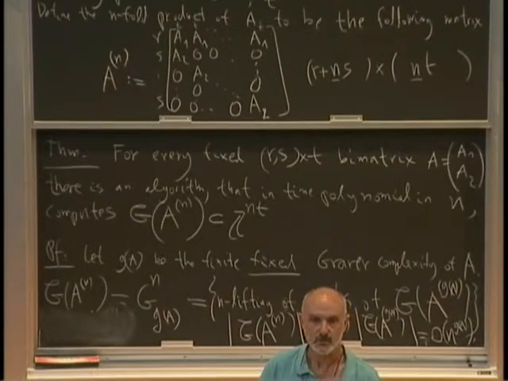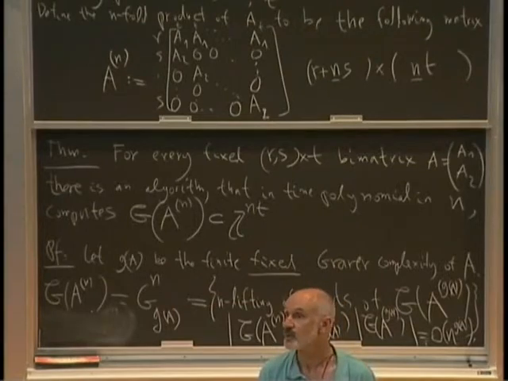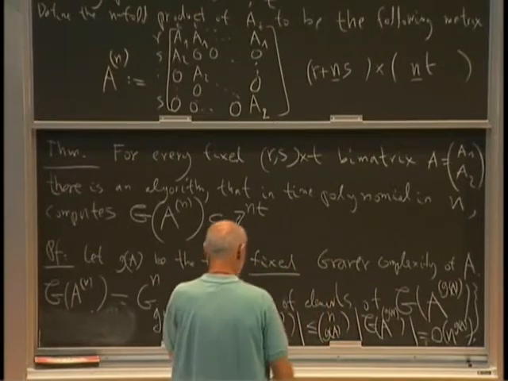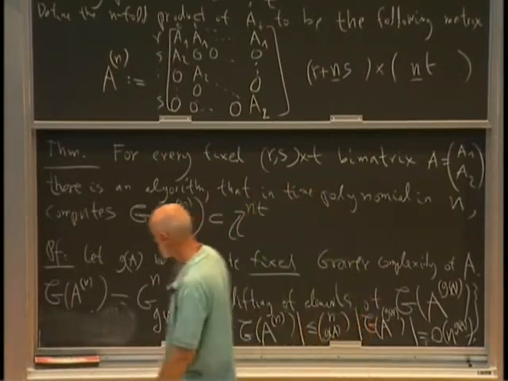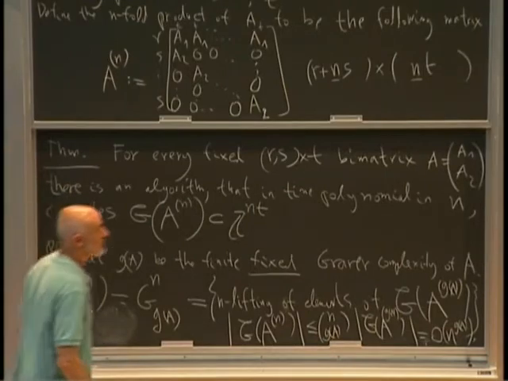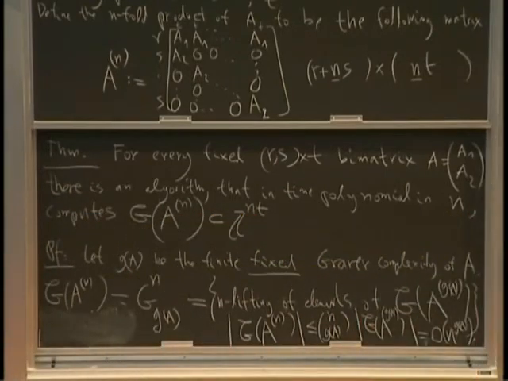That's easy, right? You take the bricks and you lift them. That's easy. So let me give you one example of at least the Graver complexity, and then I want to say something about this computation.